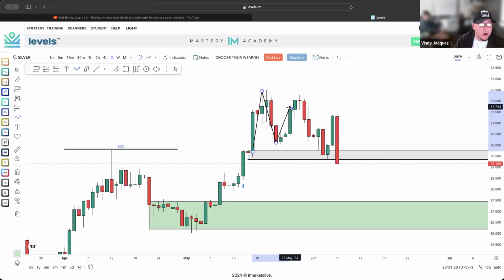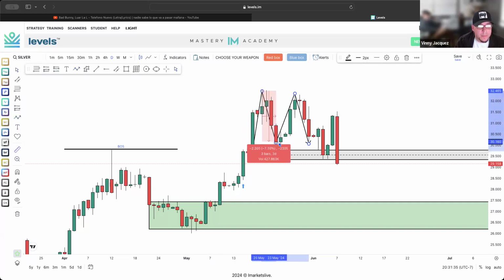Now, yes, there are moves on the 1 hour, 5 minute, 4 hour time frame. There are moves in here, right? But look at how this is consolidating, right? Just from support to the resistance, this is already 2,400 pips back and forth.